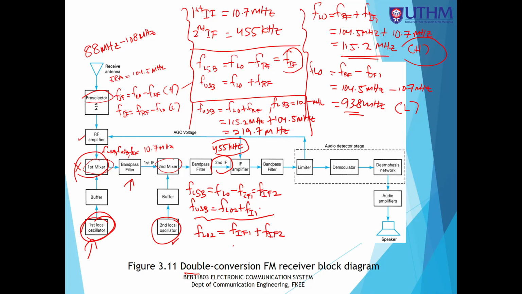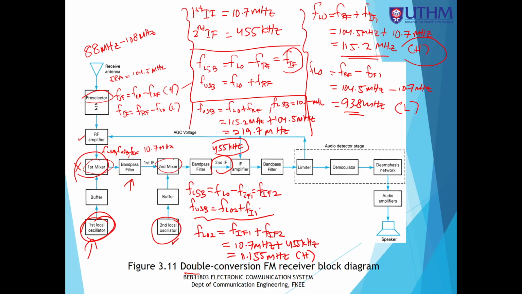So this is equal to 10.7 megahertz plus 455 kilohertz. So this will produce 11.155 megahertz. If I use a high side injection, I need to use 11.155 megahertz.